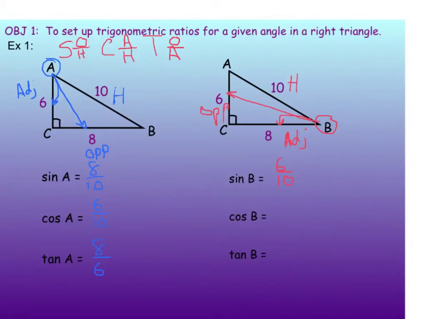Cosine, we need the A and the H, and if you notice, A is 8, H is 10, so I need an 8 and a 10. Last but not least, a tangent, I would need an O over an A, so I need a 6 over an 8. And again, you would reduce these fractions and convert them to decimals, as we've asked on the worksheets. But for time's sake in the video, we're done.